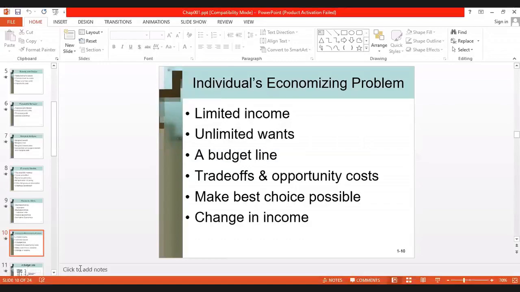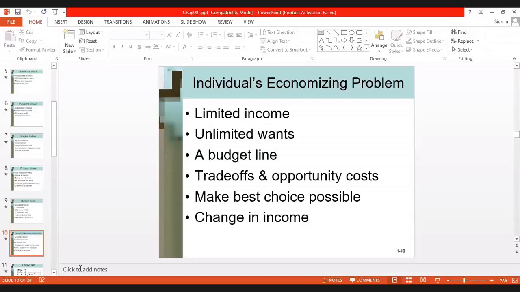Yes, last class, yesterday, we stopped here: the individual economizing problem. We are all consumers. We all have limited income, so we cannot have everything. Our wants are unlimited.